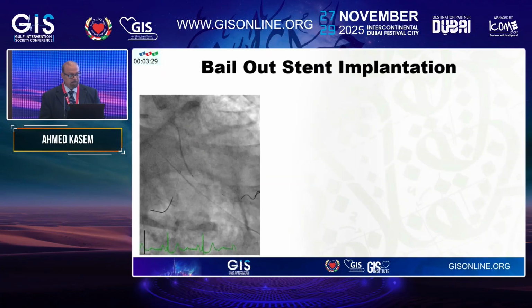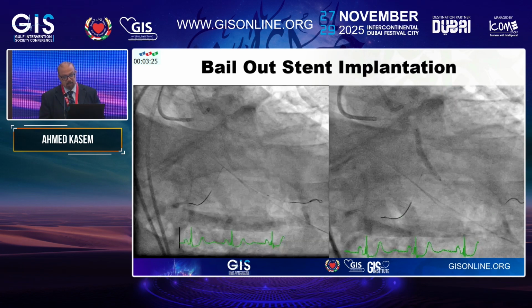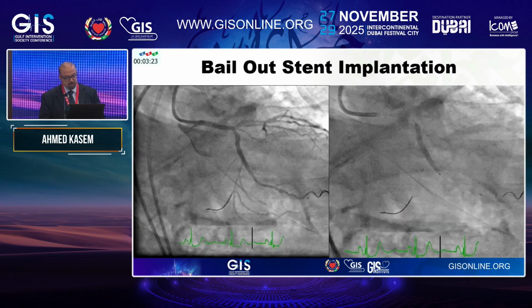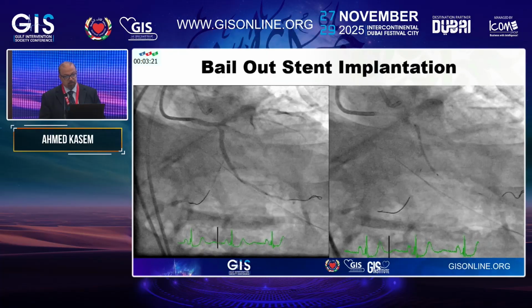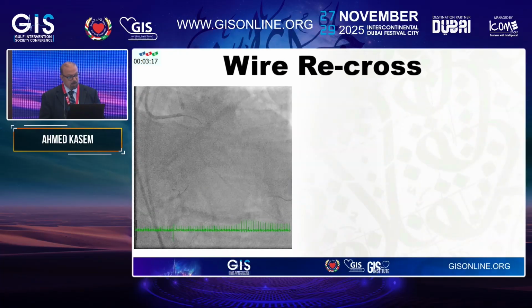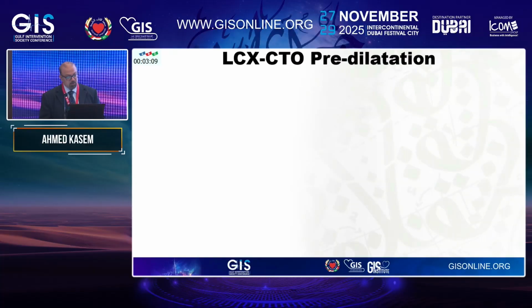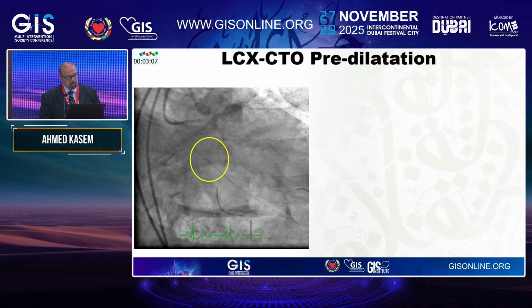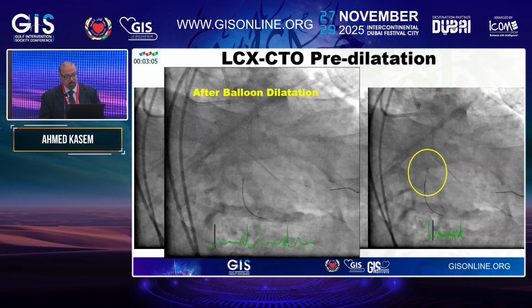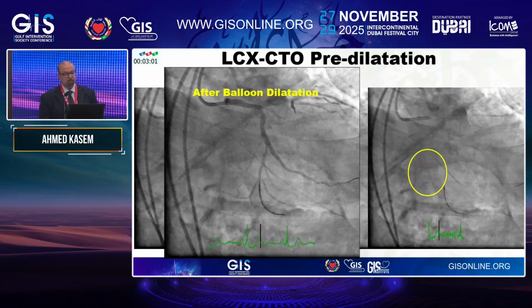After that I decided to start with bailout stenting for the proximal LCX, and this is after deployment of the stent for the proximal LCX with the OM branch. Then I rewired the CTO segment of the mid circumflex, and after crossing with ballooning and then optimization of the stent struts with a balloon, this is after optimization of the CTO segment.